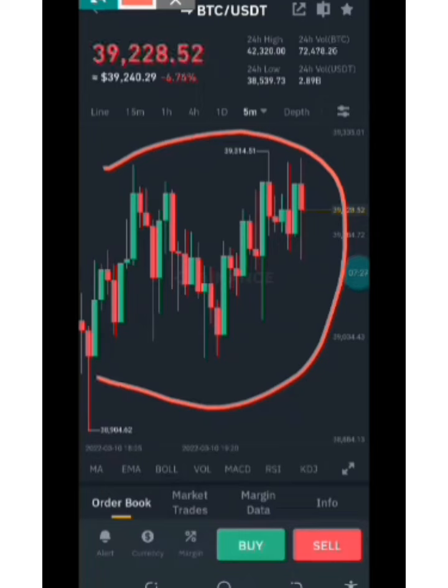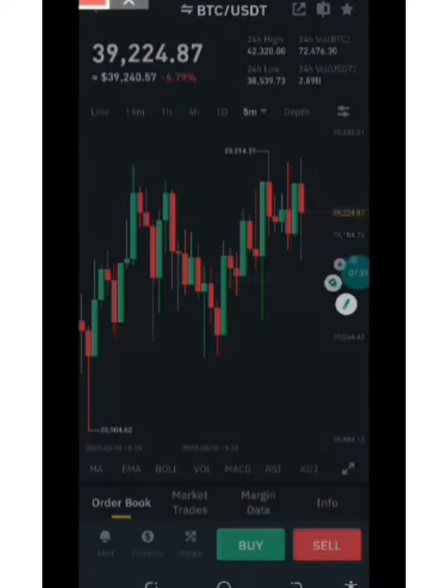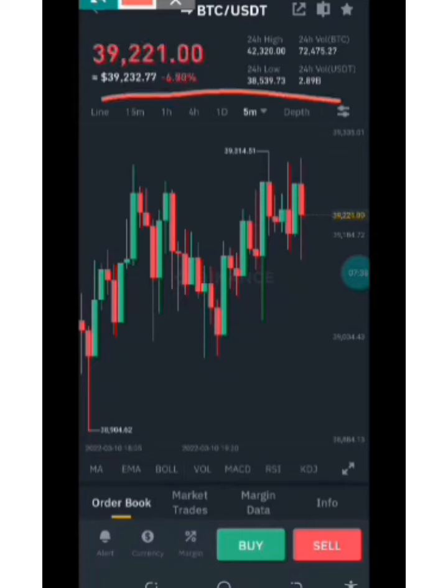You can see here this interface at the top. This is the time frames. So we are in the 5 months time frame. This 5 month time frame means what has happened in the Bitcoin market for the past 5 months.